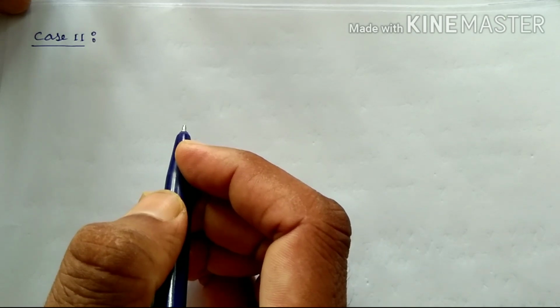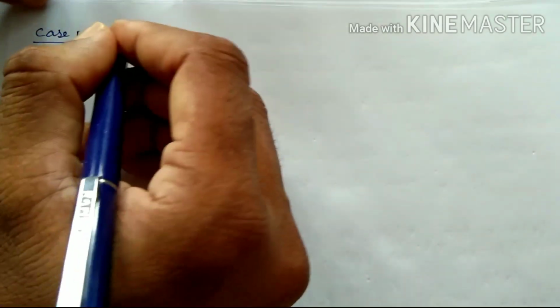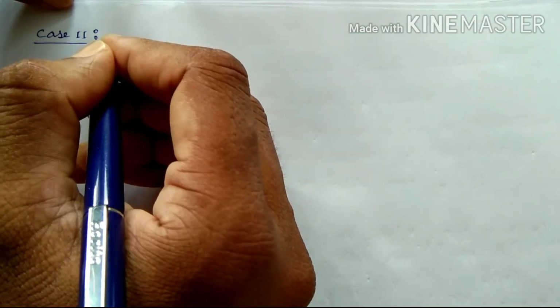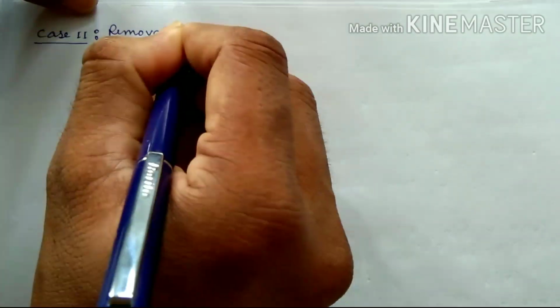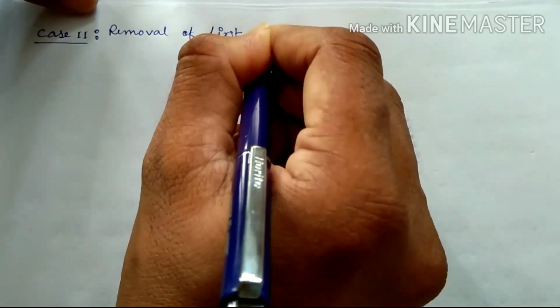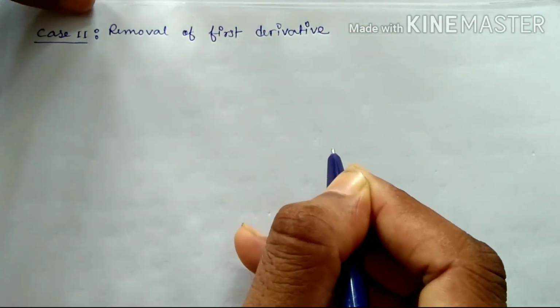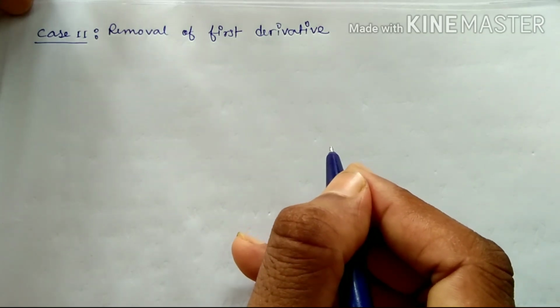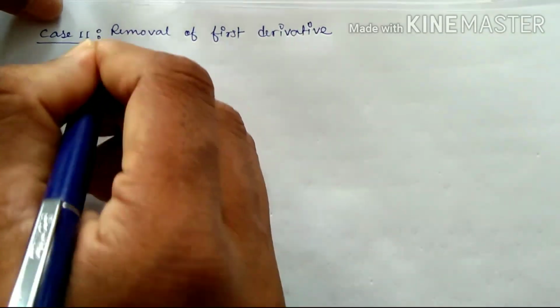2. Now we have to remove the first derivative, that is removal of first derivative, that is reduction to normal form. Removal of first derivative, reduction to normal form.